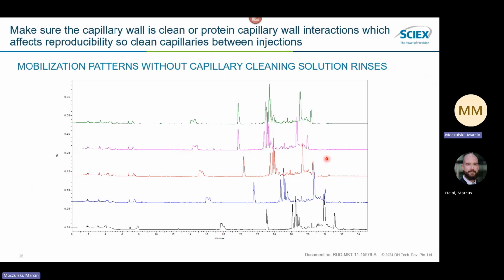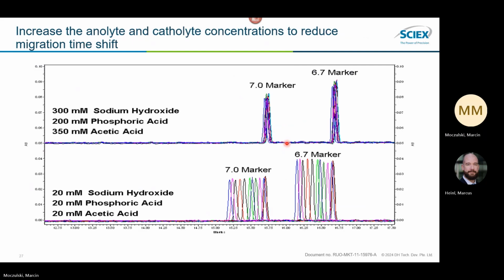Missing this step or bad quality of used solutions can affect or lose reproducibility of separation. There's no need to optimize the concentration of solutions like sodium hydroxide, phosphoric acid, and acetic acid, because the current method allows very high reproducibility compared to the previous method used in the past.